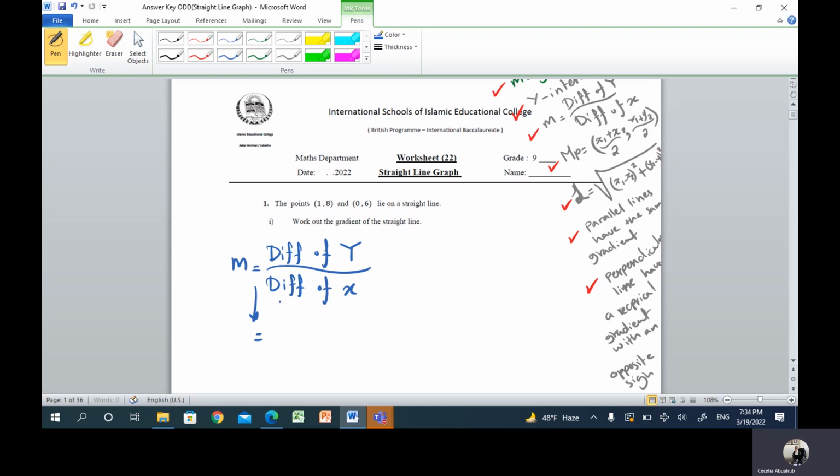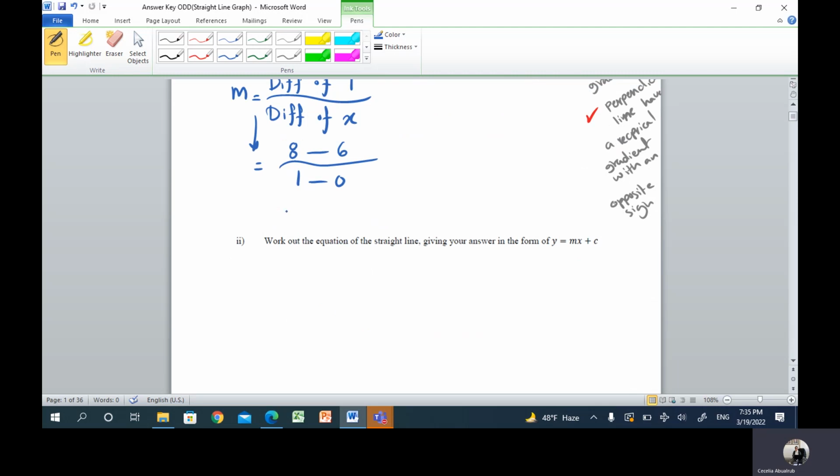Let's do that. The y's are 8 and 6, so the numerator will be 8 minus 6, since difference means subtraction. And the x's are 1 and 0, so it's 1 minus 0. 8 minus 6 is 2, so the answer is 2 over 1. So the gradient is equal to 2.